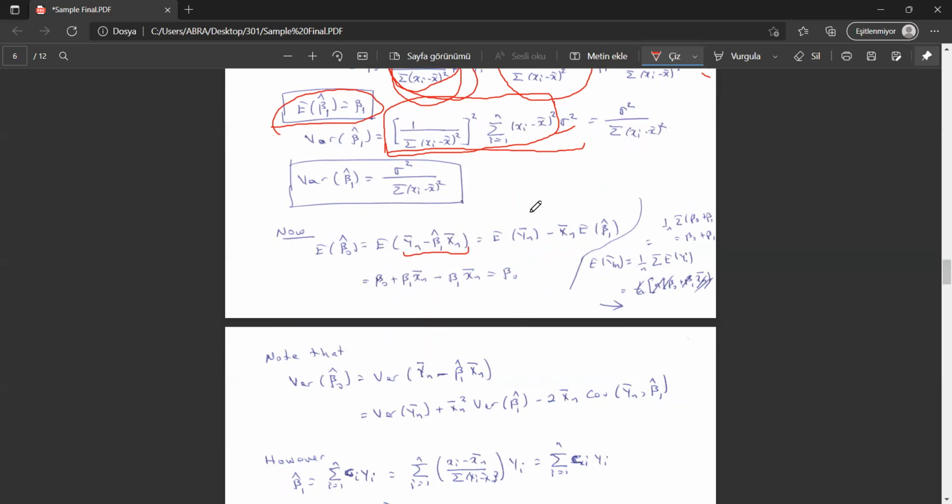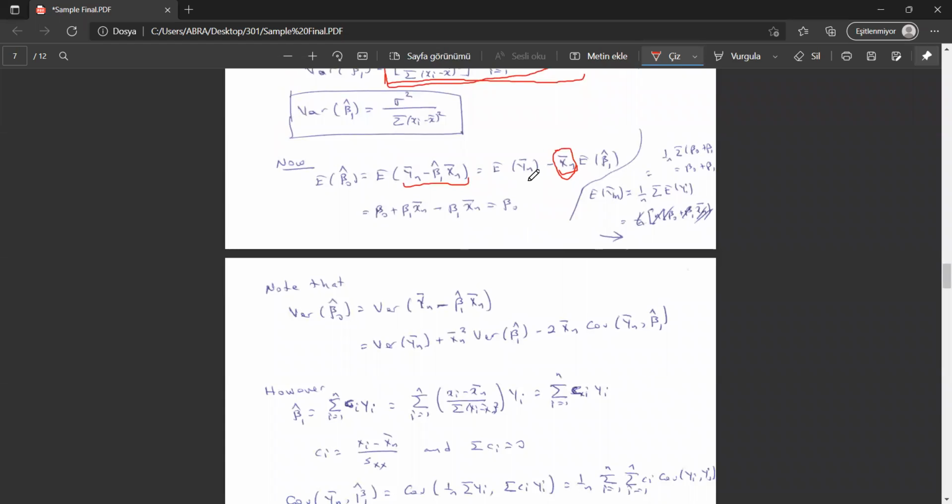And here we take the x's outside of expectation parentheses, as always, because they are not random. And also here, x bar is just a constant number, right? So we took it outside of the expectation parentheses, and we are left with expectation of y bar, minus x bar times expectation of beta 1 hat.